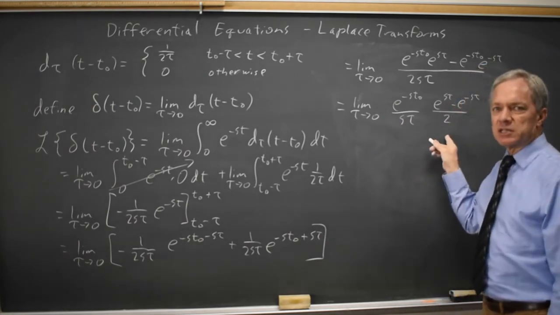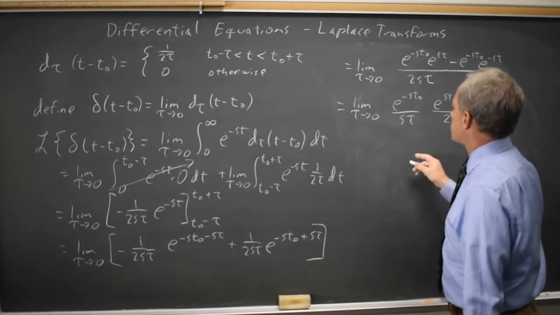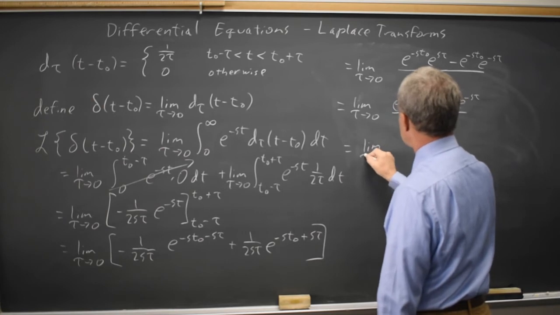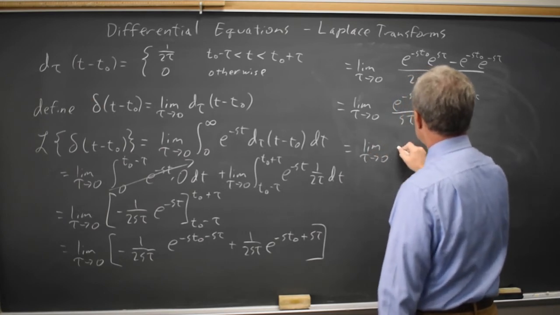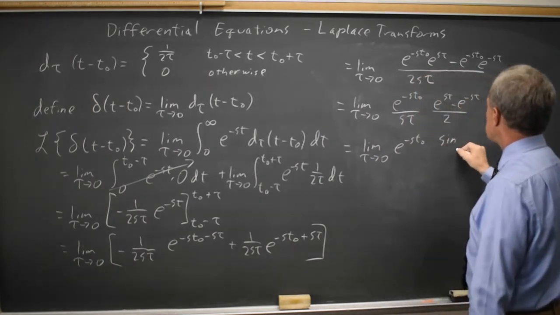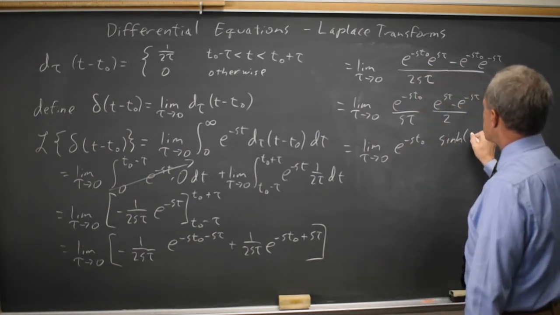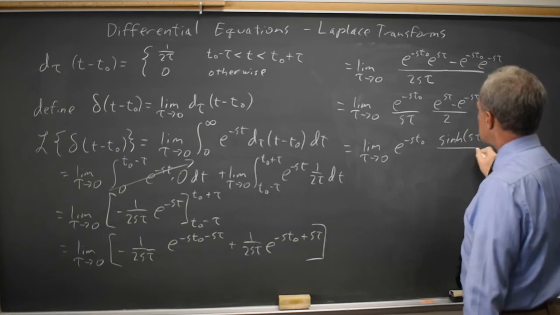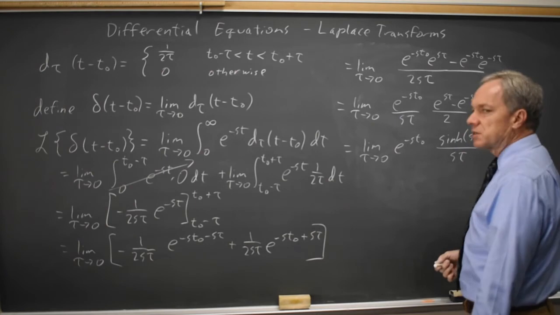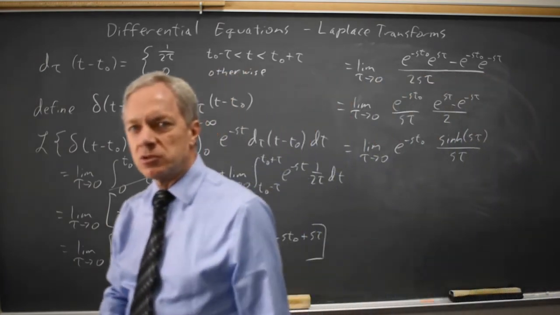This is hyperbolic sine, so I'm going to replace it with hyperbolic sine, and I get the limit as tau goes to 0 of e to the negative st0 hyperbolic sine of s tau over s tau. Well, this is a good time to apply L'Hopital's rule.